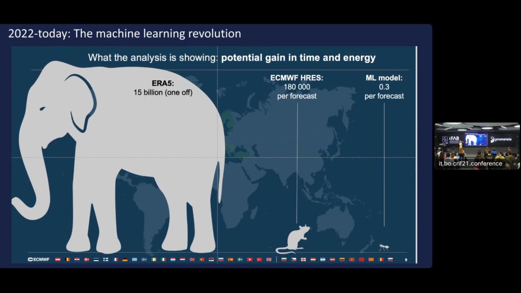Of course, it costs a lot when you train it, but you train it once. You don't train it in real time. On the other hand, in real time, it's so much faster, and that's one of the main advantages, of course. But as I said, it relies on the mammoth or the elephant, on the training, which still relies on physical basis. So it's a bit of a virtuous circle, maybe.